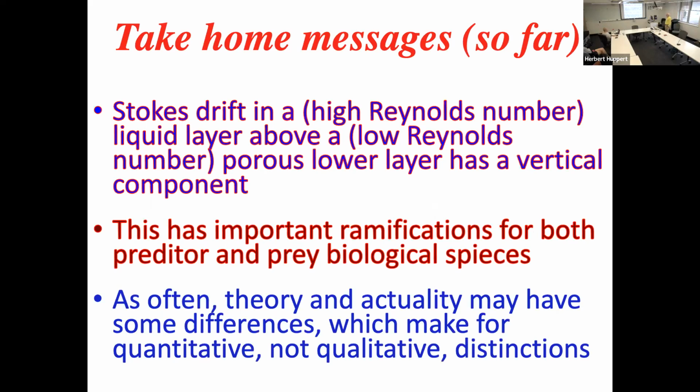This has important biological consequences because there's a way of interchanging fluid and the small biological stuff in the fluid between the ocean layer and the porous coral layer. Now, there are no doubt some quantitative differences here, as I've already said. The coral layer may not have a flat top. It may vary. There may be three-dimensional variations, lots of possibilities.